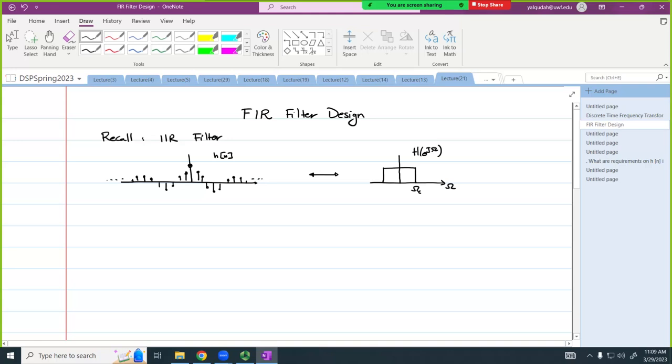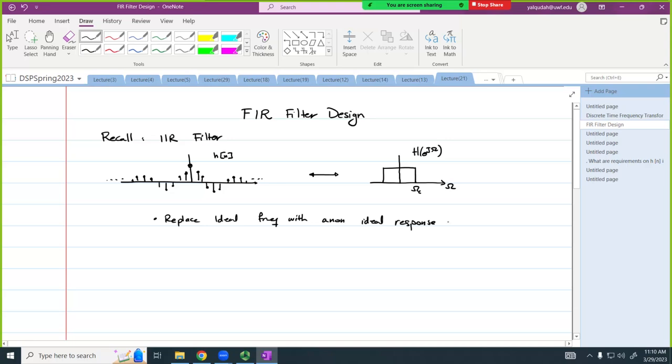We said, okay, let's look at a frequency response that is not ideal. And therefore, we replaced the ideal frequency response with a non-ideal response. How did the non-ideal response look? Depending on the filter, instead of the sharp drop like this, it's smoothly going down.